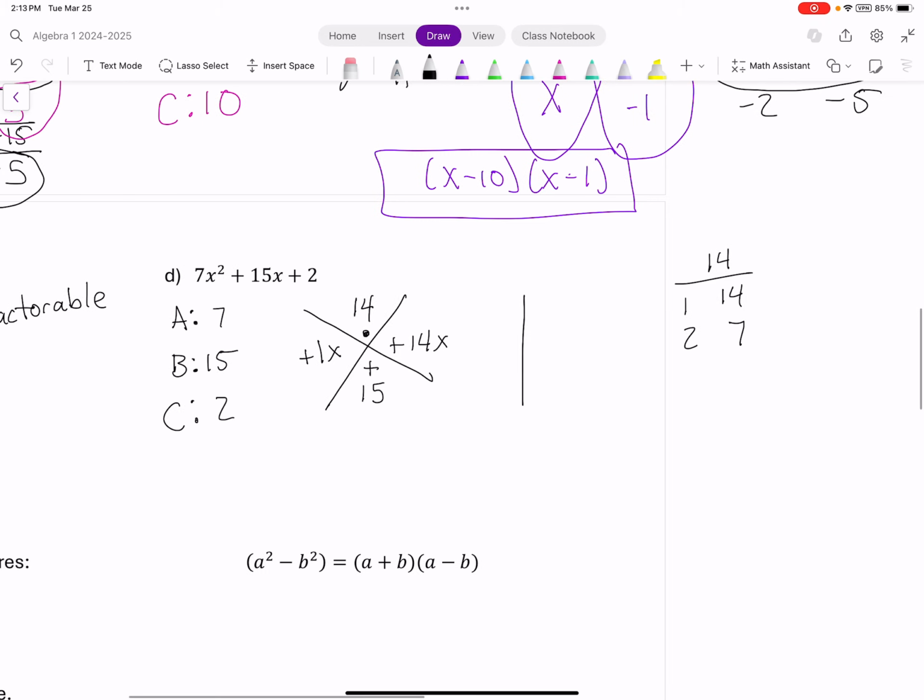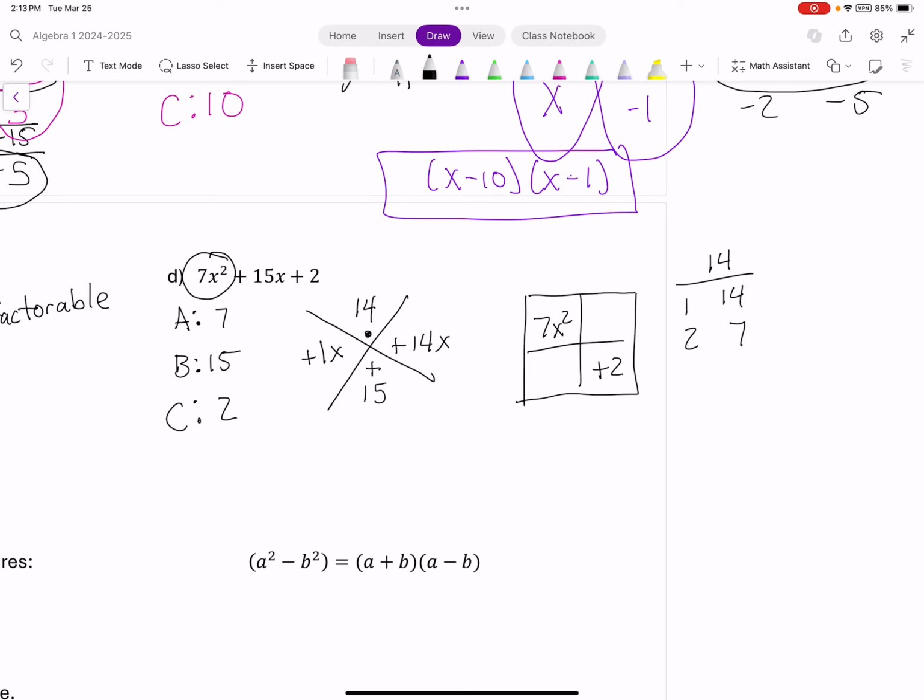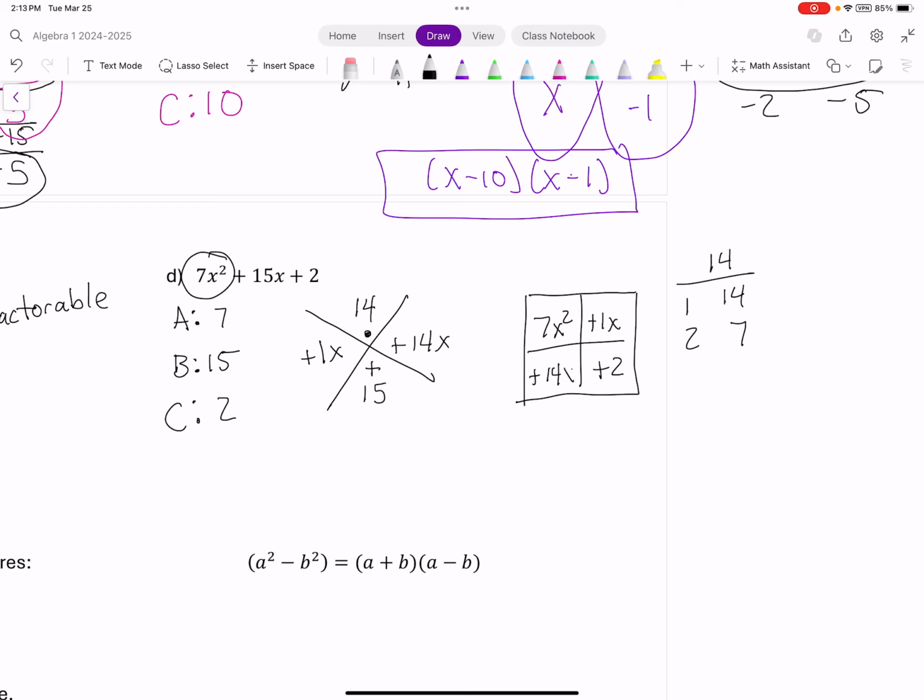So now I'm going to go ahead and make the box. So here my first term was 7x squared. Be careful that you're writing the first term of the problem. Okay, the first term of the problem right here says 7x squared. And then the last term is a positive 2. So we would have a positive 1x here and a positive 14x here.